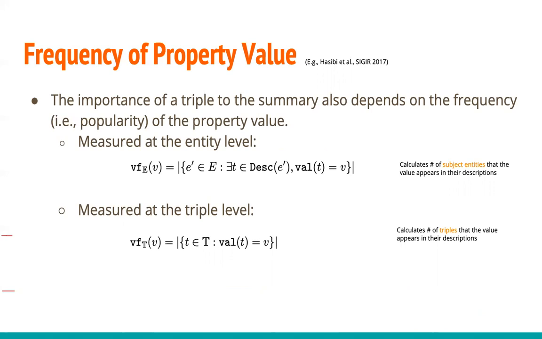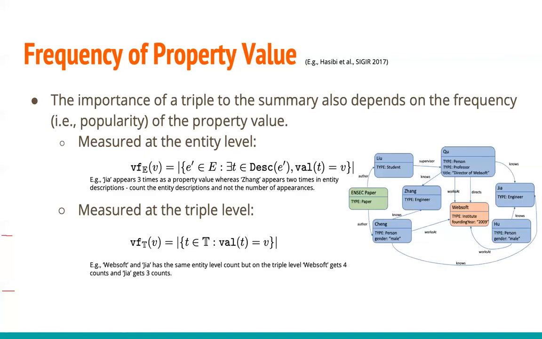But if we are measuring at the entity level, even though you have two triples, you only have one subject connecting to the same property value using two different properties, so we get 1. So that's the main difference. So you can calculate in different ways.